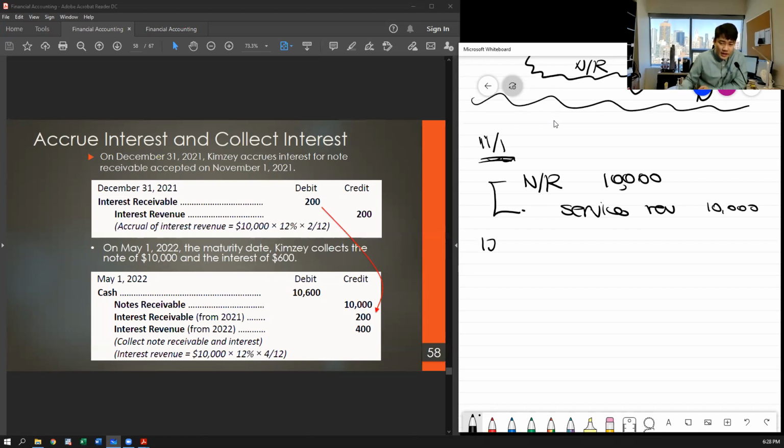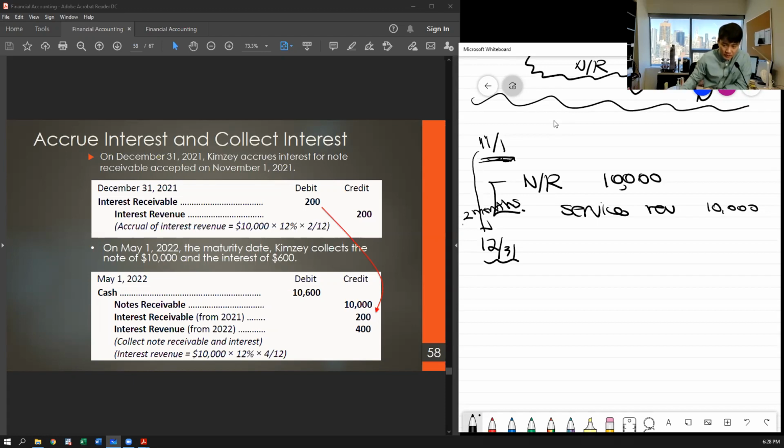Now, at the end of the year, which falls on December 31st, 2 months have lapsed. So on December 31st, there will be adjusting journal entries with respect to this notes receivable.